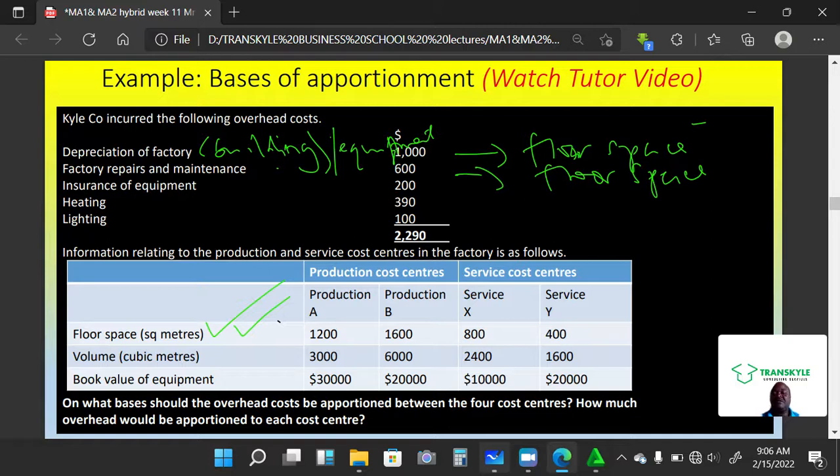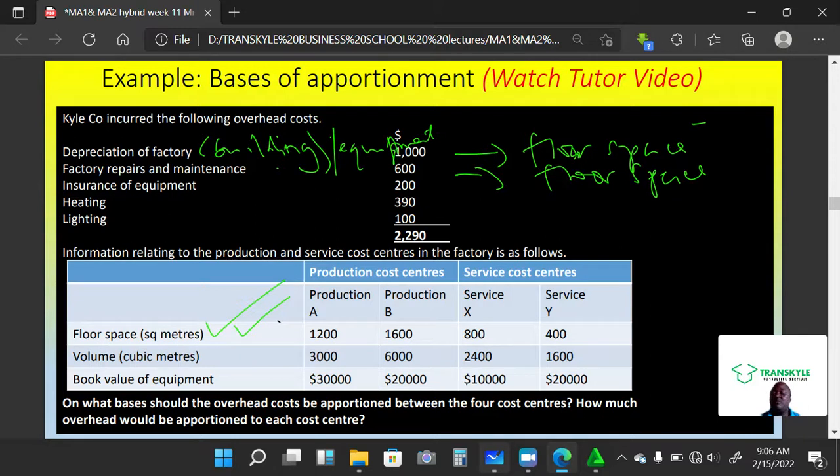The assumption is these manufacturing companies do not have spaces to waste. Usually their factories will be full of production machines.